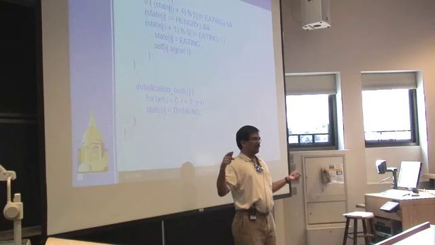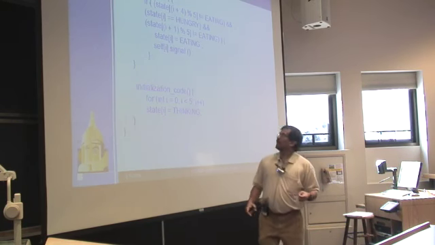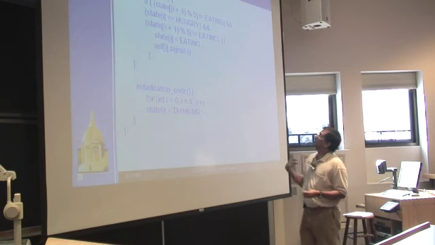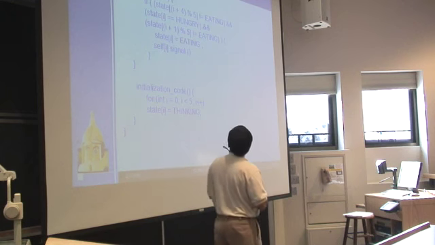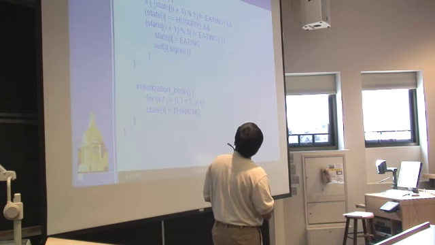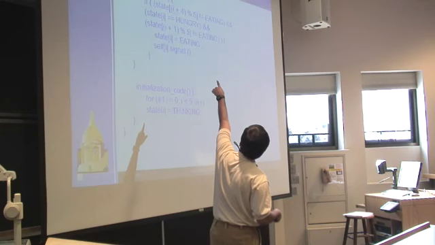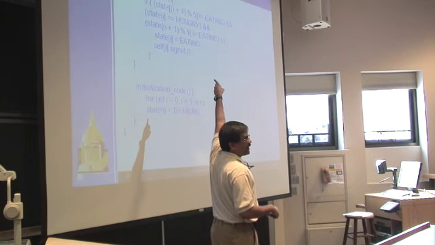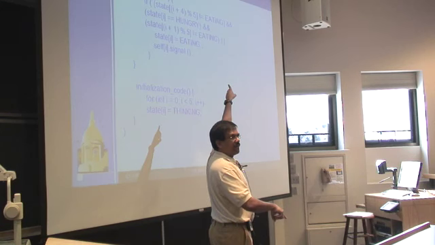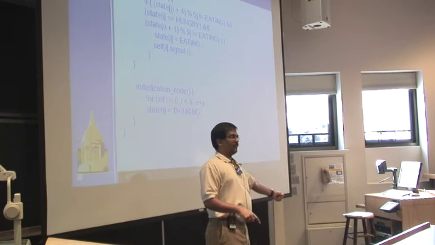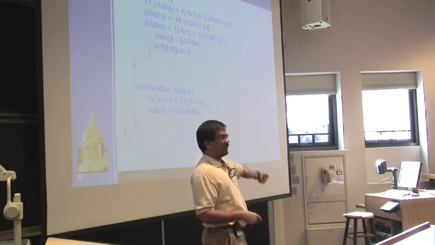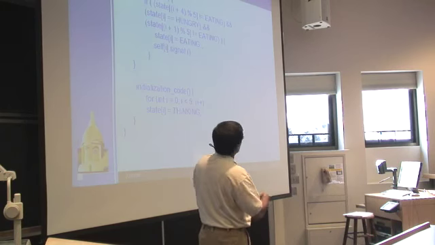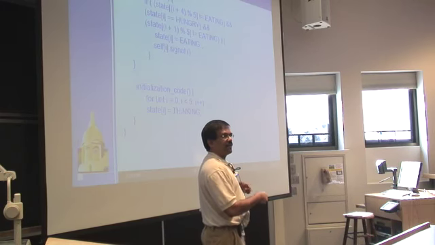But if the person on the right is not eating and the person on the left is not eating, then, right? So essentially, you take your index and add 4 and then mod 5. That means you go back 1 in a circular list. So you look to see if the person on the left is eating. You look to see whether you are hungry, and it'll be clear why you want to do that.